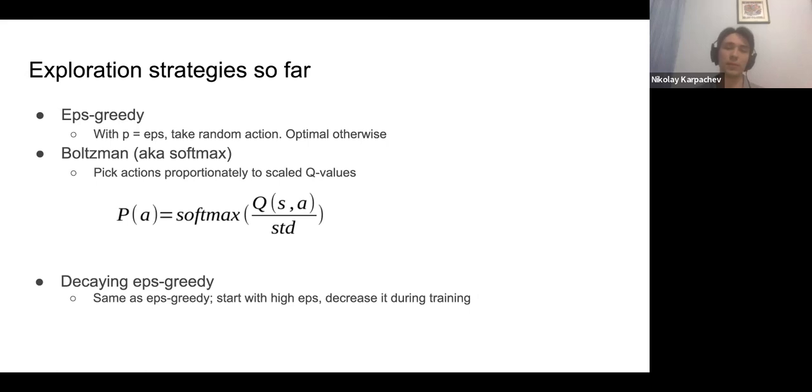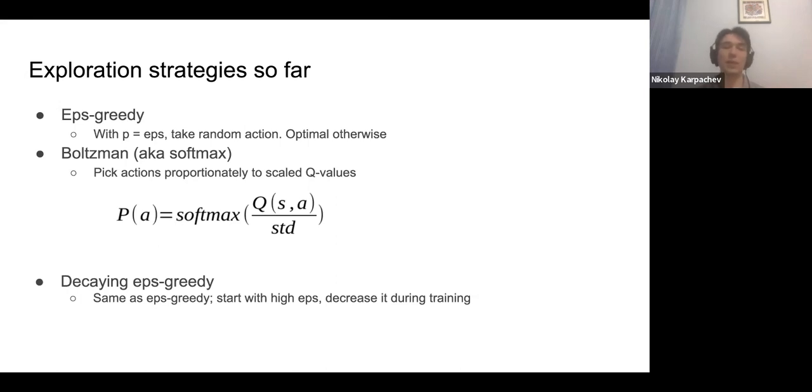So I hope this name doesn't surprise you. We've seen it quite often. Epsilon greedy is actually a very simple strategy where we assign some probability for exploration, for example, 5%, and with the rest of the probability, 95%, we exploit.